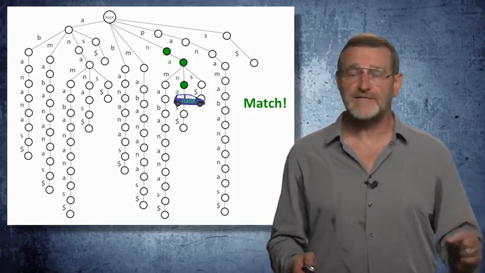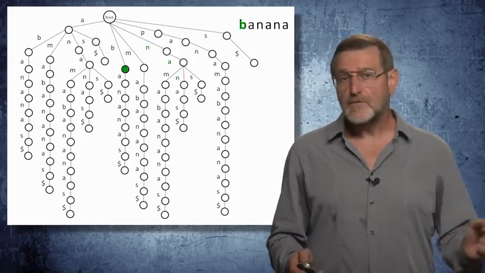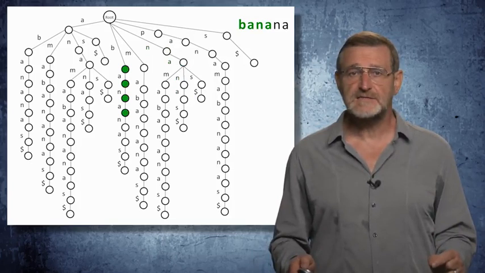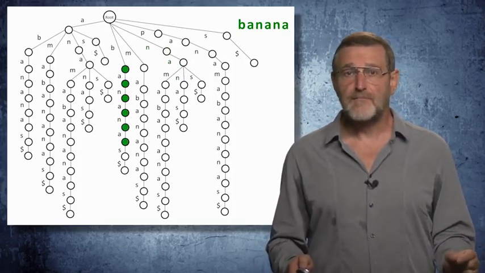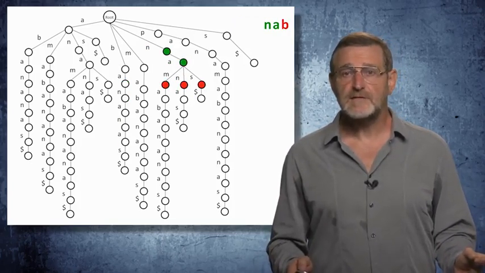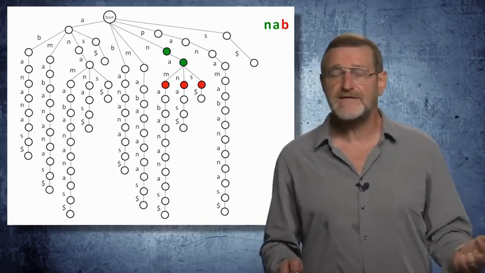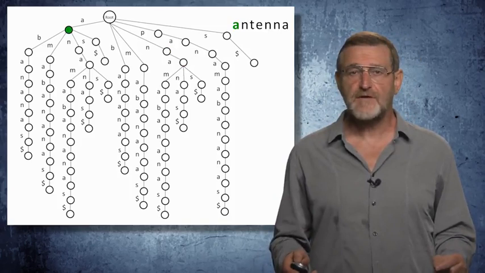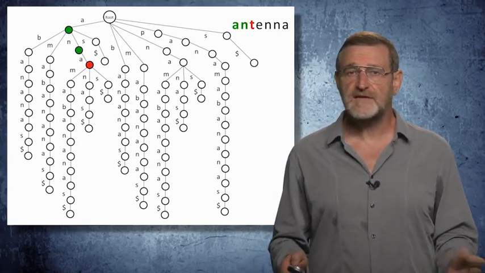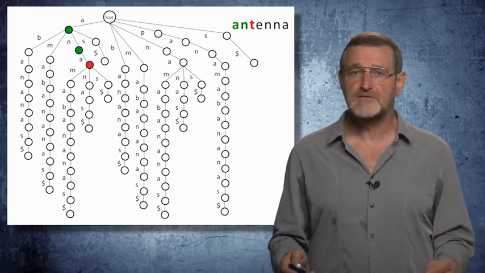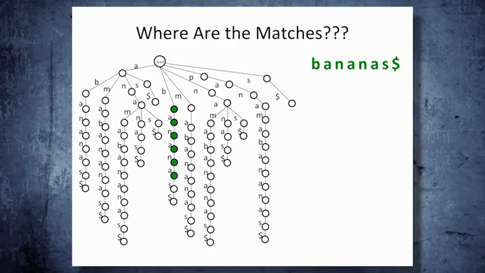For each pattern, we can check if it can be spelled out from the root downward in the suffix trie. So we are building a very large bus this time. Let's see how this idea works for Panama bananas. But let's just start by adding a $ sign to the end of Panama bananas, and I will explain later why I add this strange $ sign to the end of my string.